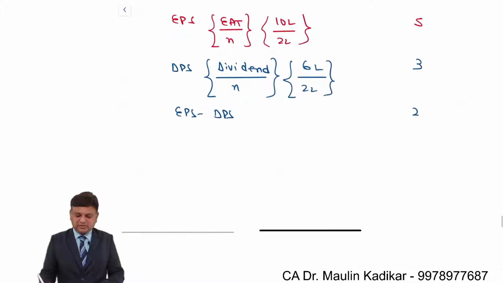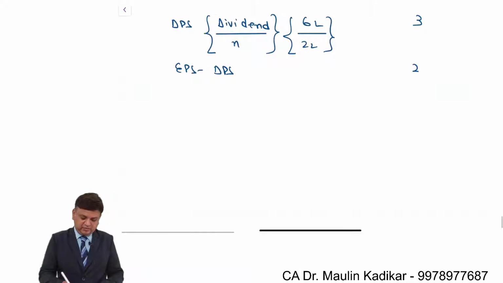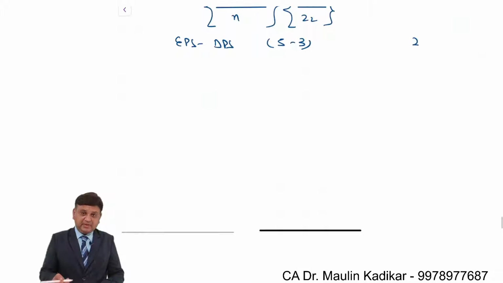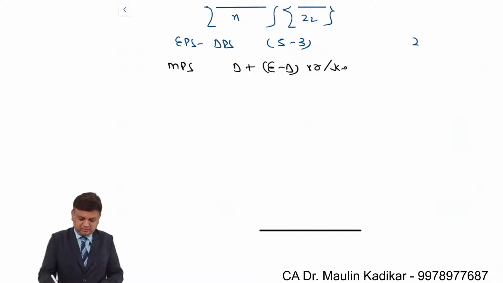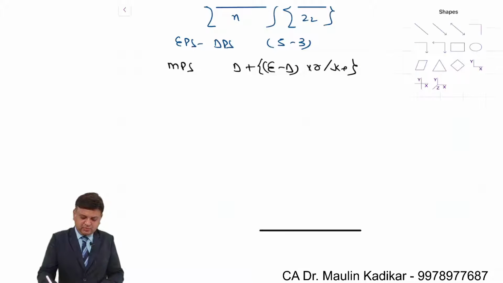EPS minus DPS is 2, that is 5 minus 3. Now based on that, we can compute the market price of the share. It is dividend per share plus (earning per share minus dividend per share) into R upon K, whole upon K.